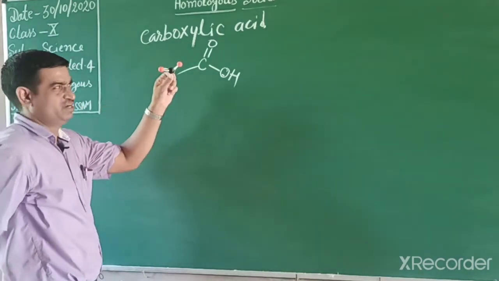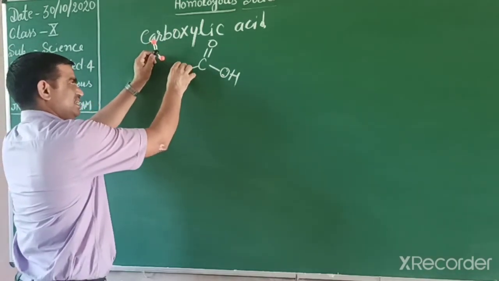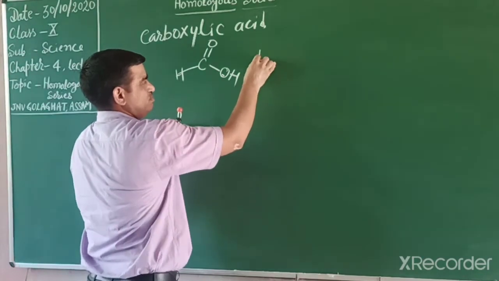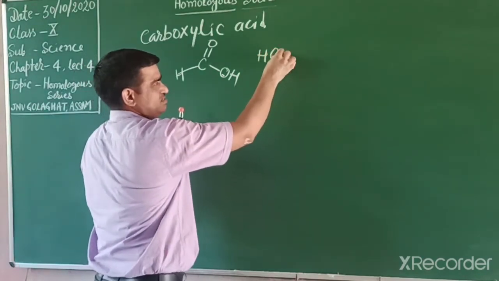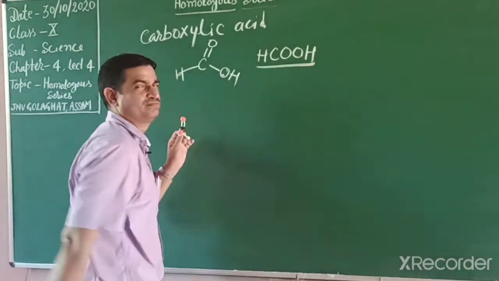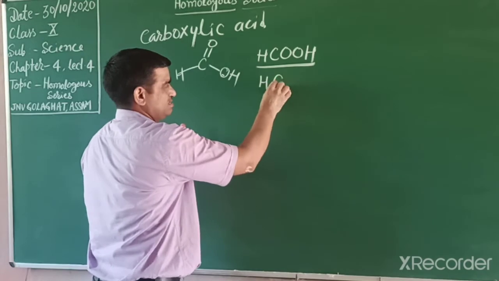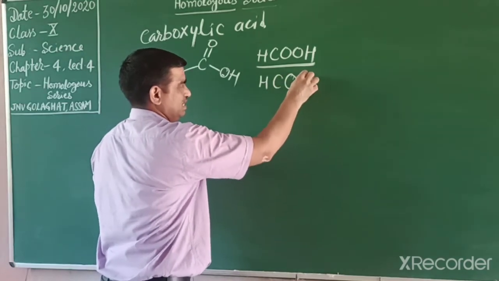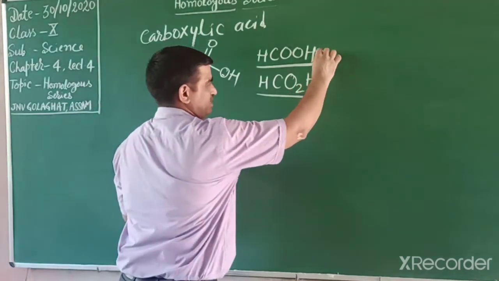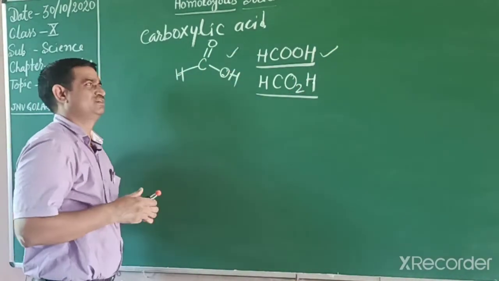So the first member, we can write here H. And this compound is generally written in books like this, HCOOH. In some books it can also be written like this, HCO2H, but mostly written in the first way, that is the more correct method.